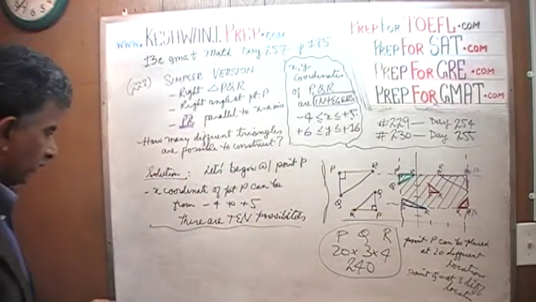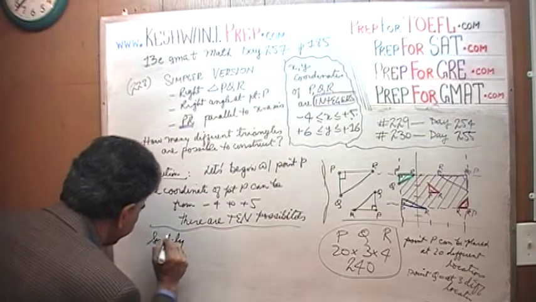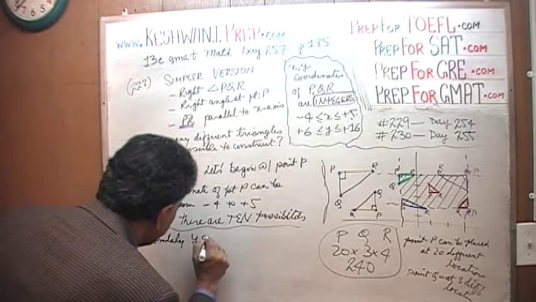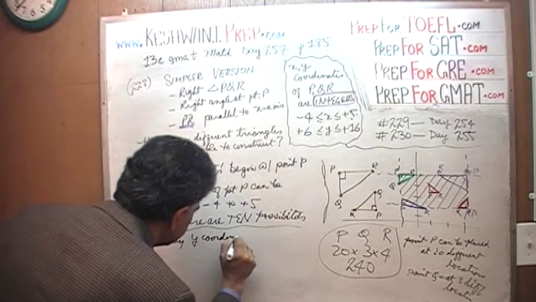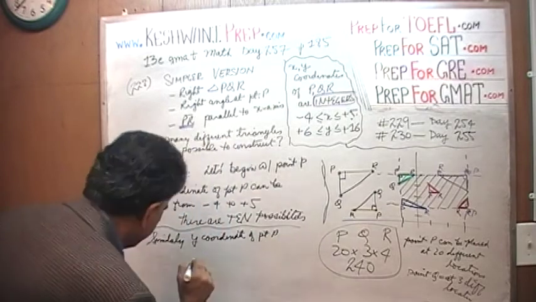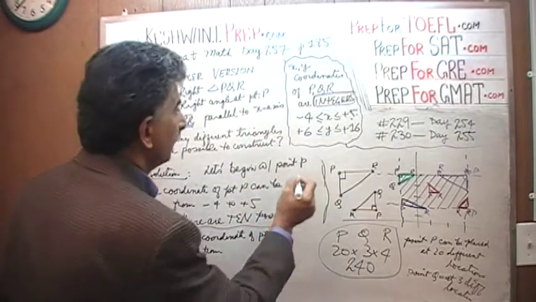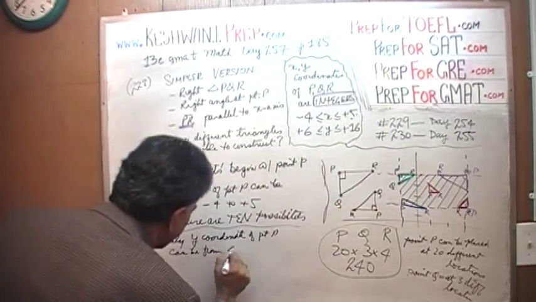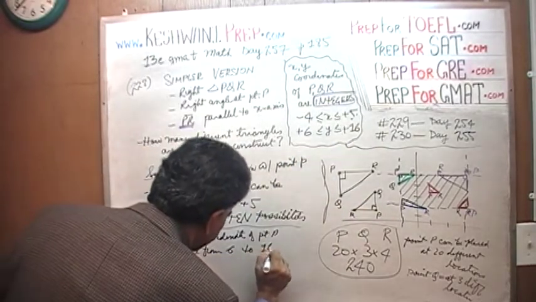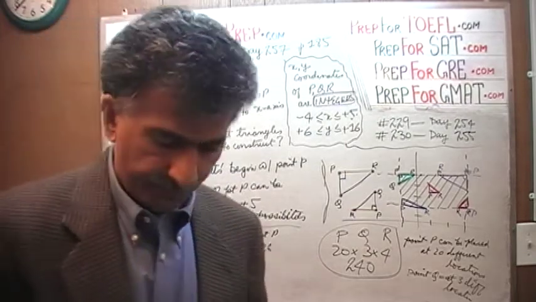Let's talk about the y coordinate. Similarly, the y coordinate of point P can be from, we are told, from 6 to 16. From 6 to 16. How many possibilities?